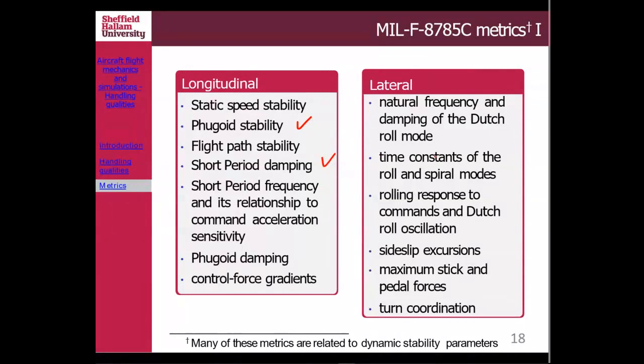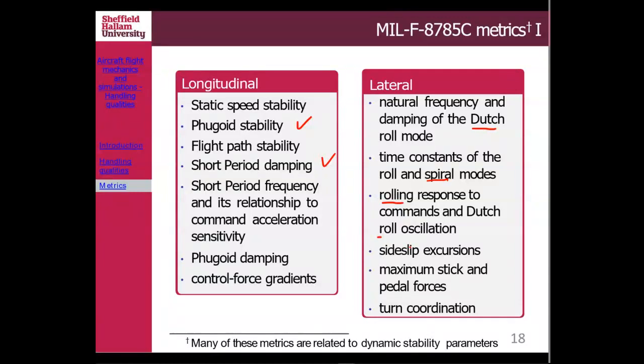In lateral and directional, where we couple them together, there will be a spiral mode and Dutch roll mode, and then of course there is the rolling response or roll subsidence of your aircraft. But we're going to talk about that in more detail hopefully in semester 2.